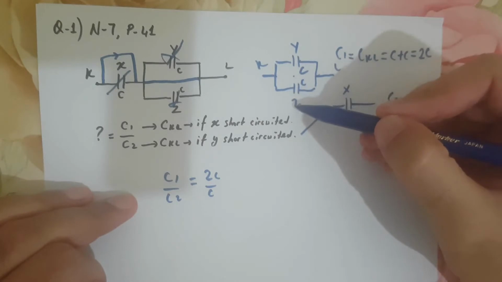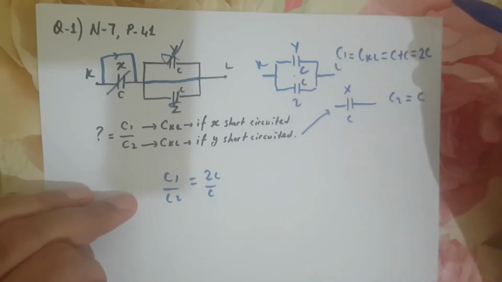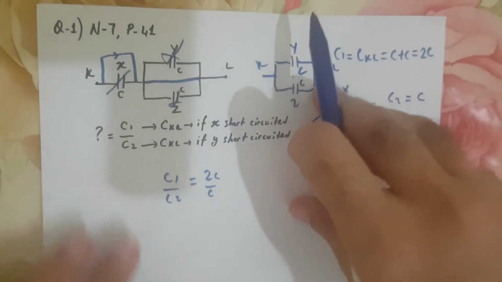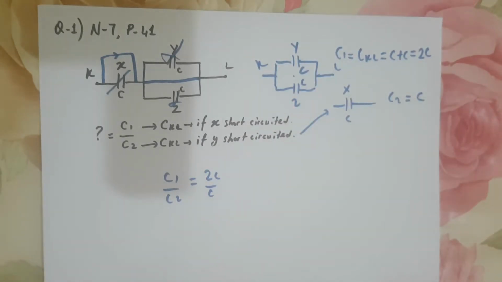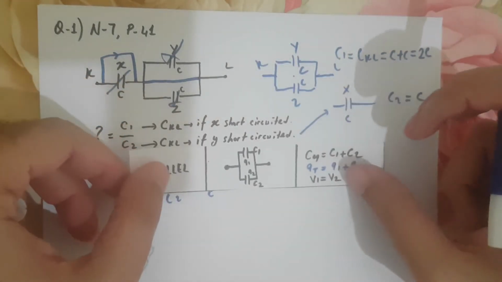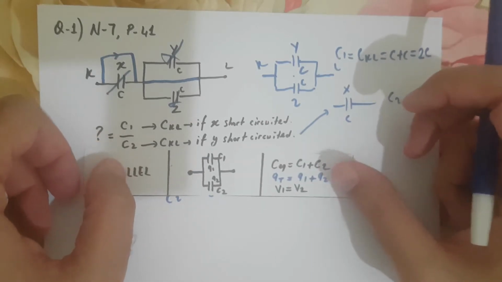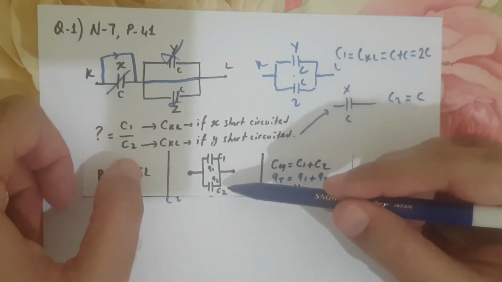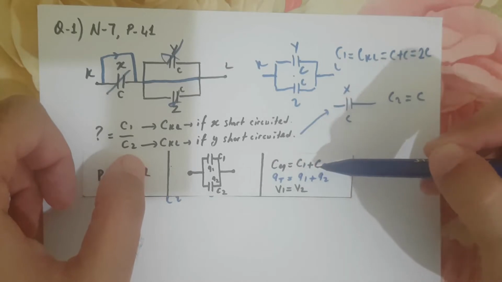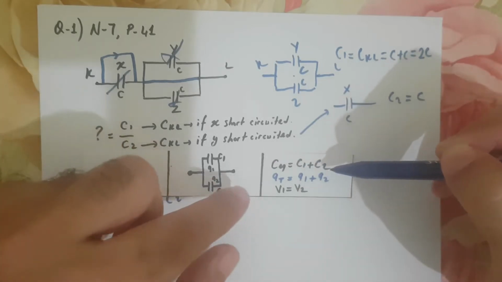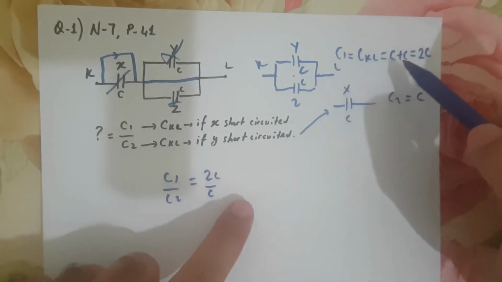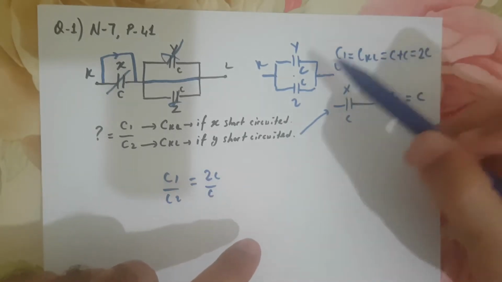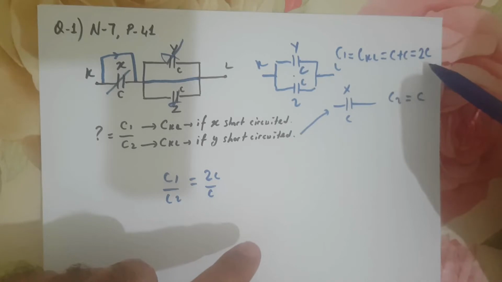Only Y and Z are here. For a parallel circuit, we use this formula. C1 and C2 are in parallel, so the equivalent capacitance is the sum of C1 and C2. The equivalent is C plus C, which becomes 2C.